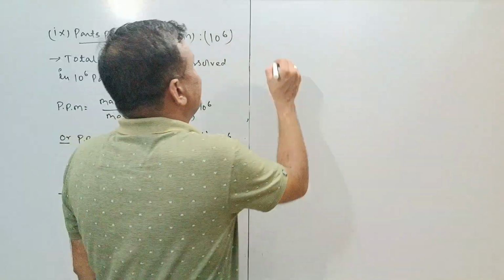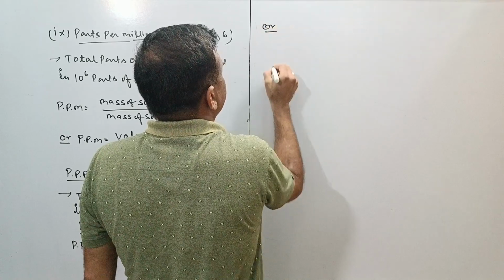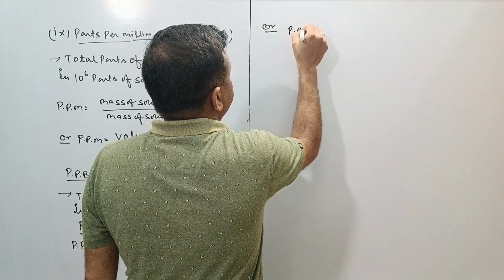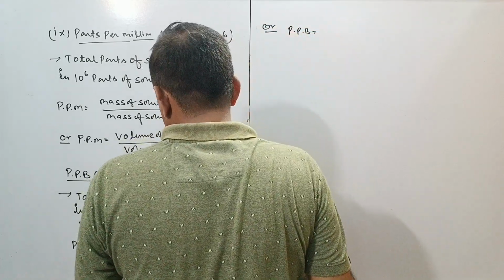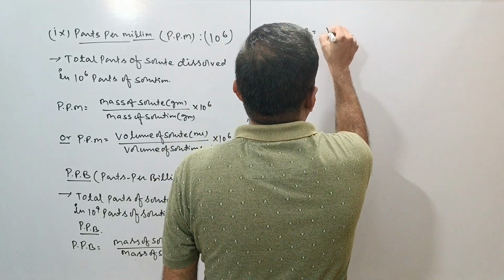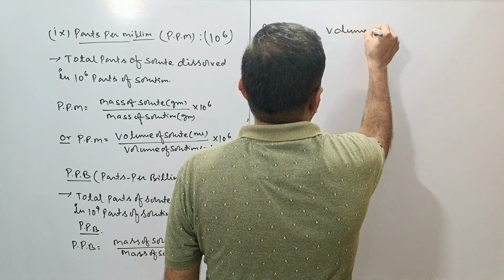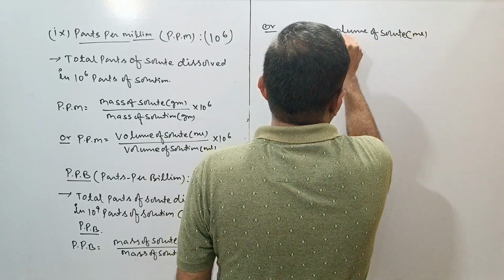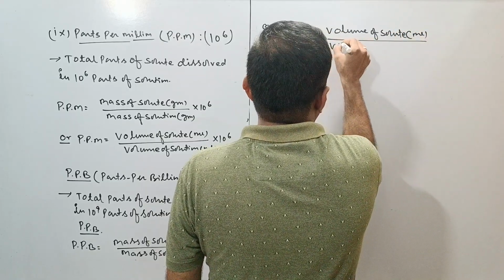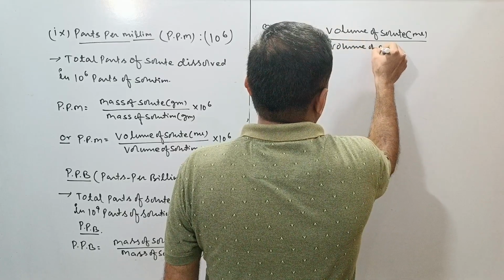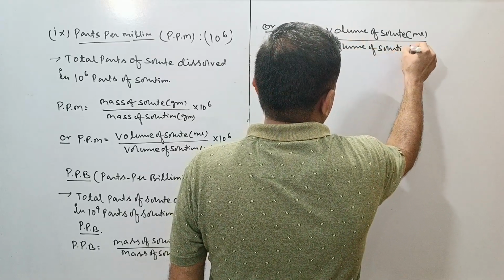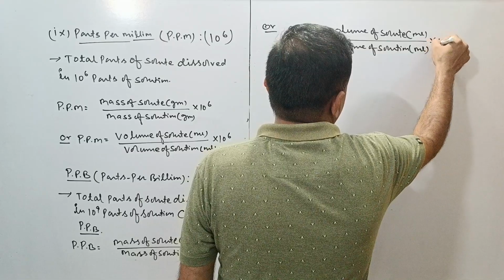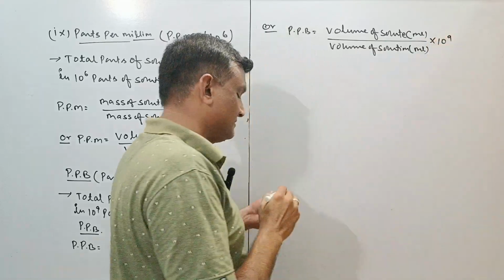Or you can denote it using volume also. So ppb is equal to volume of solute in ml upon volume of solution, also in ml, into 10 to the power 9.